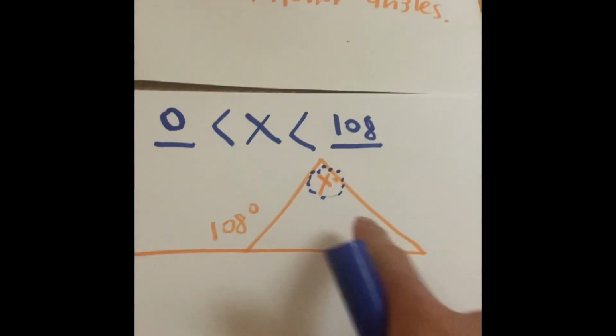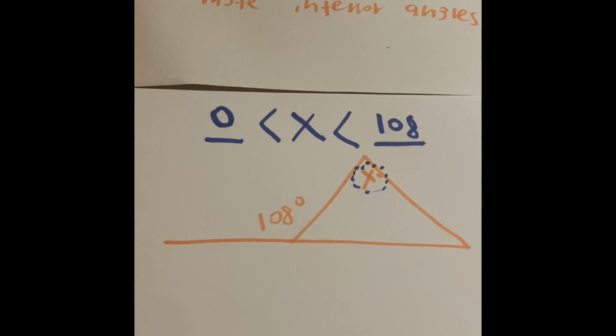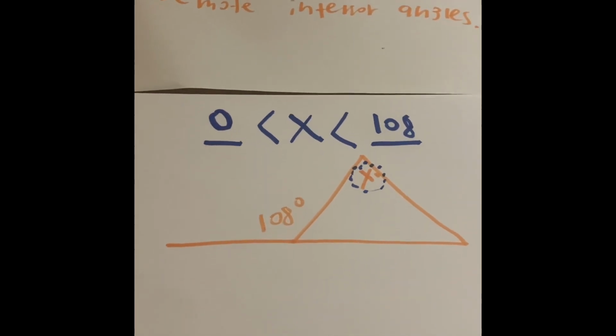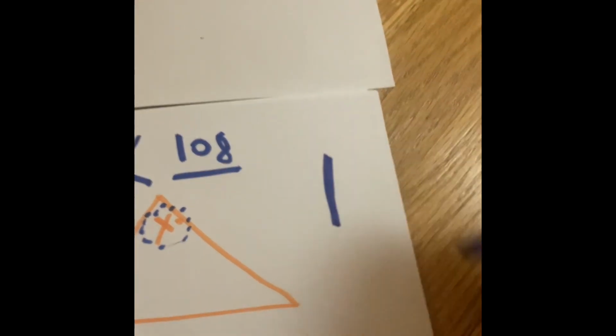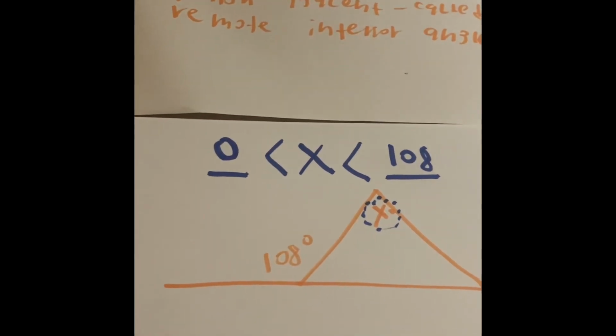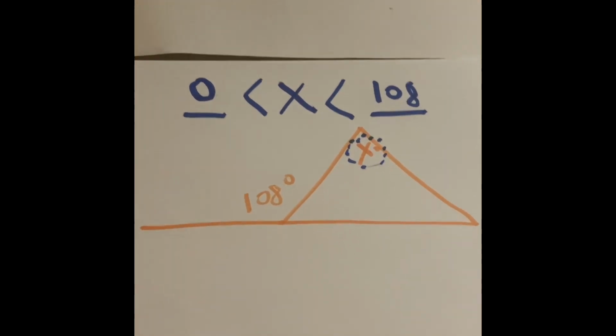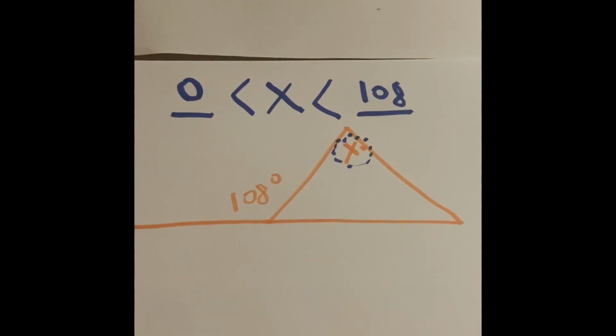That means your X could be like 1/10 of a degree. If it's 0, then there are no degrees, because it's still like a straight line. If it's like 0.111, then it is a degree. So it looks like we found our inequality for this one too.